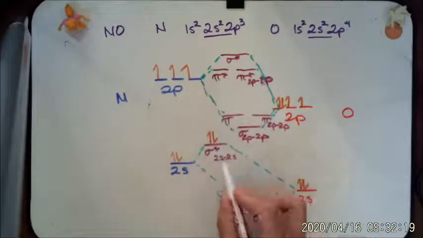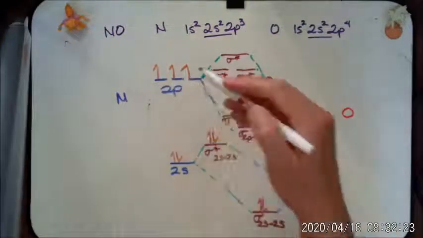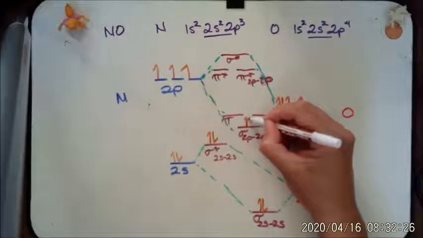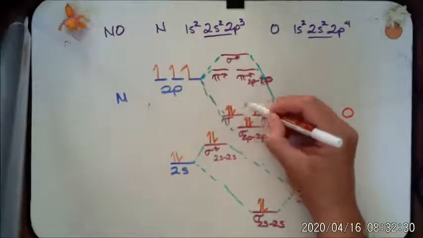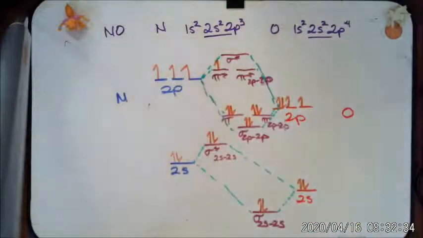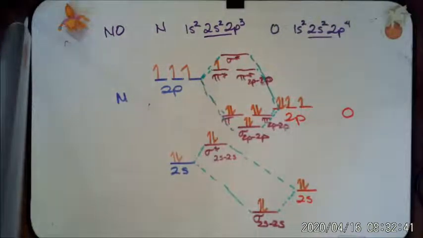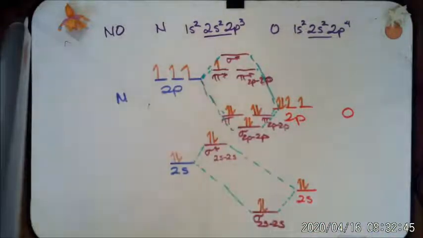We're going to fill up all our molecular orbitals. So I have 1, 2, 3, 4, 5, 6, 7. 1, 2, 3, 4, 5, 6, 7. Okay. Now what that means is that the radical character of NO resides on the nitrogen more than the oxygen.